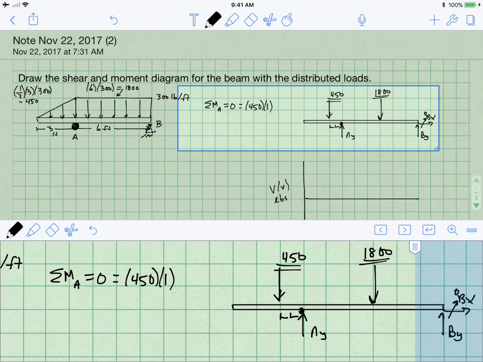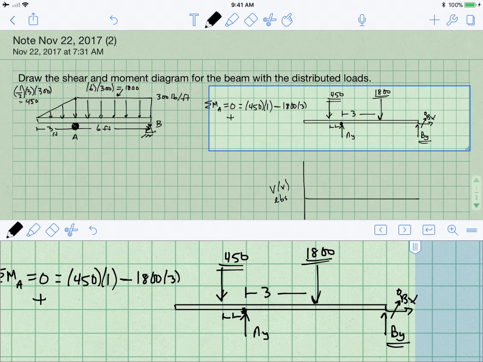Now the 1800-pound load will be negative. We'll have a minus 1800, and it is 3 feet away from A, so I have a 3. And now I have the moment that By causes. It is 6 feet from A, so I multiply by 6.